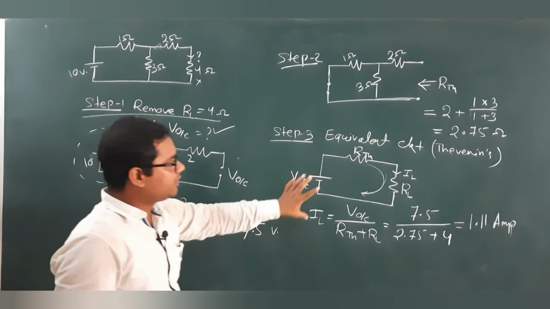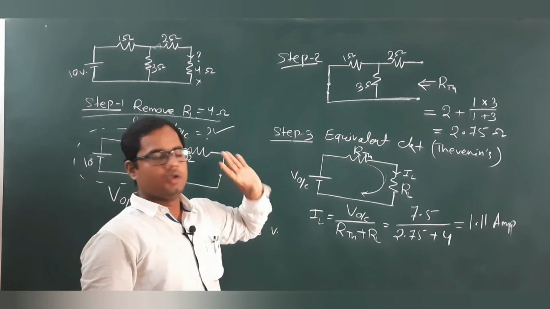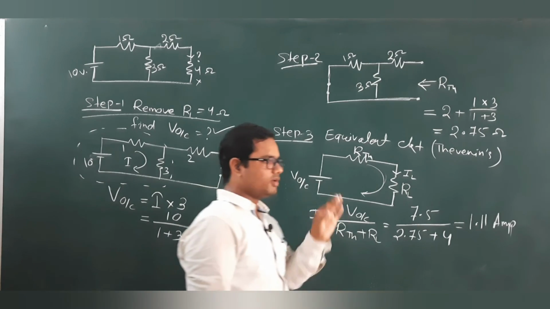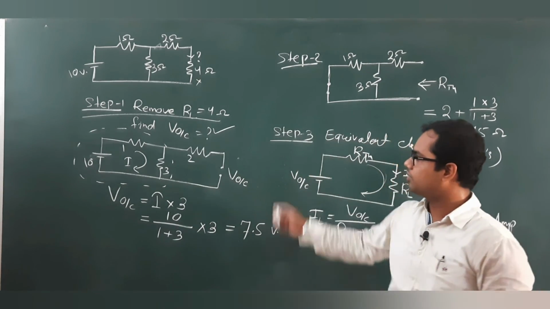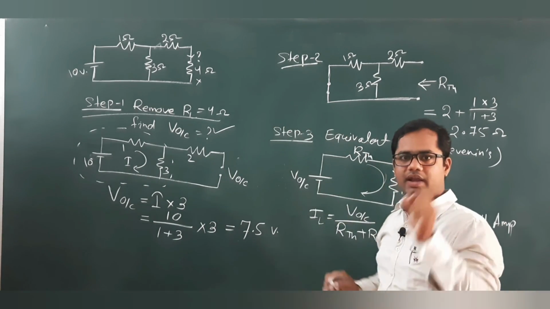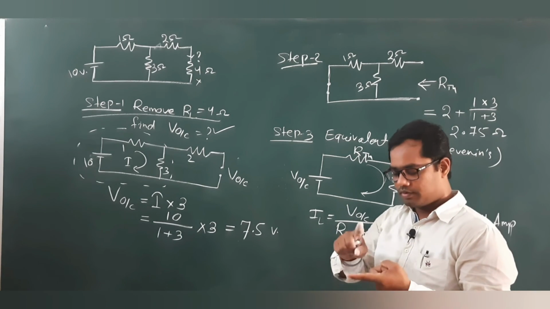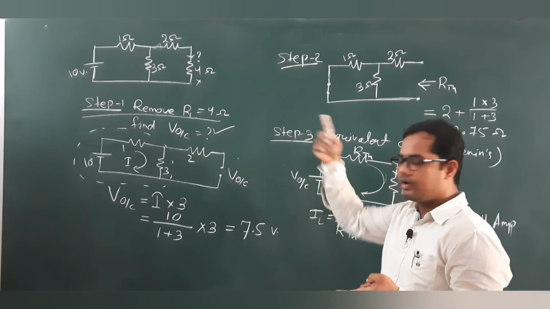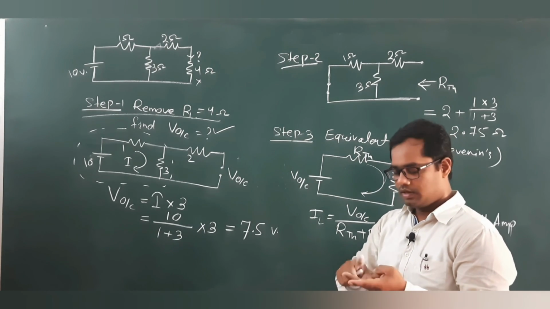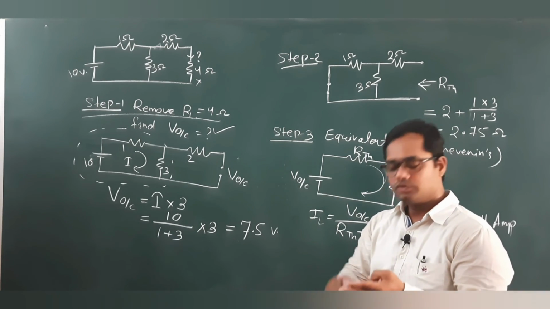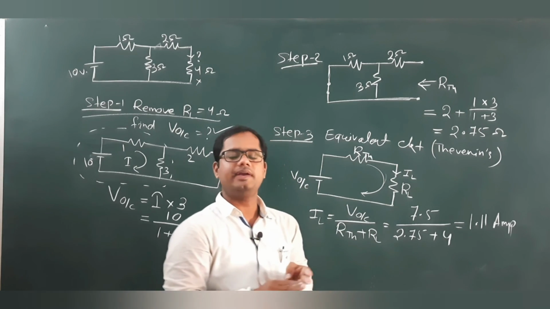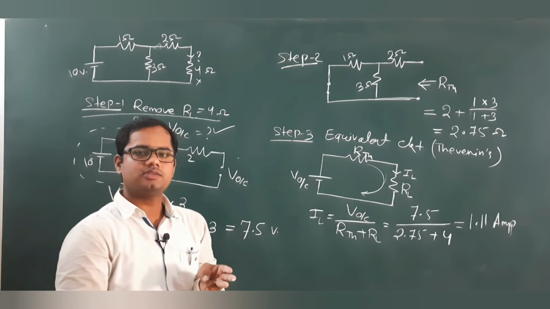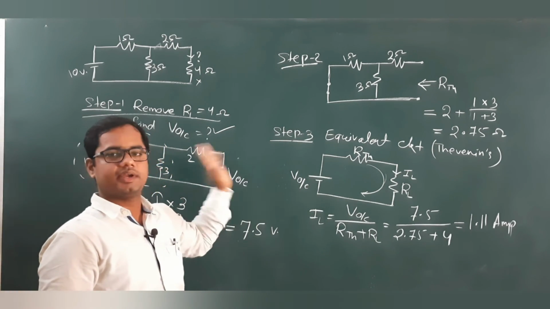And here we apply Ohm's law. For solving the circuit you can apply Ohm's law, series parallel equivalent resistance, and the current division rule. This is the main basic fundamental for any student who is studying circuits.